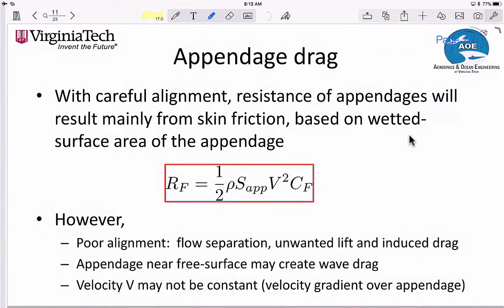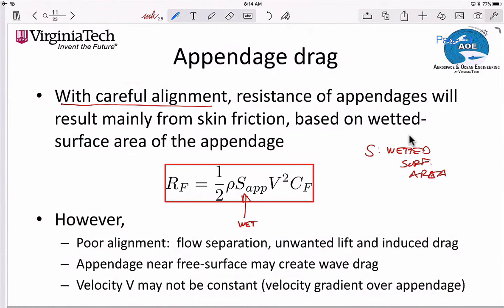Now, hopefully, you've done a good job in designing your ship. So with careful alignment, the resistance of the appendages will mostly be from the skin friction. And that means it can be based upon the wetted surface area right here. S, remember S is wetted surface area, and S sub APP is wetted surface area of the appendages.